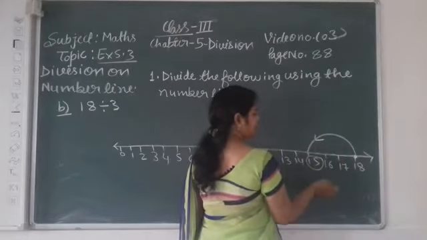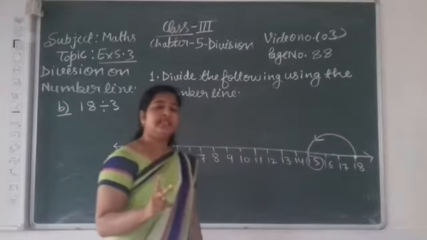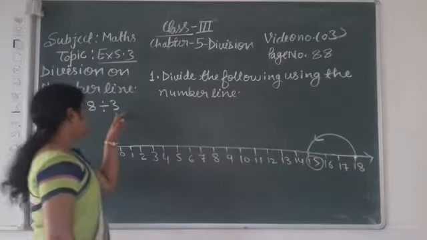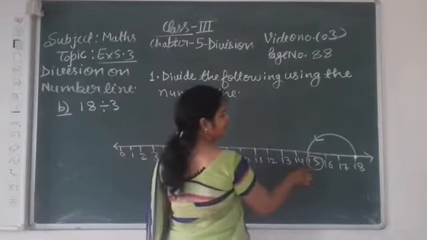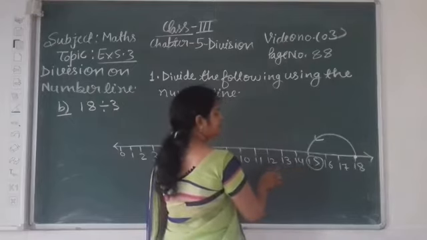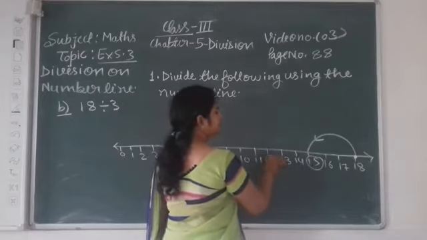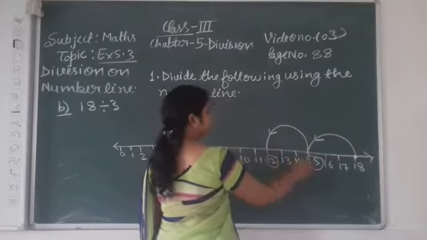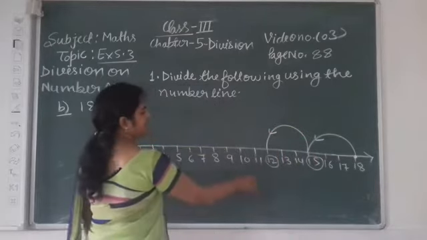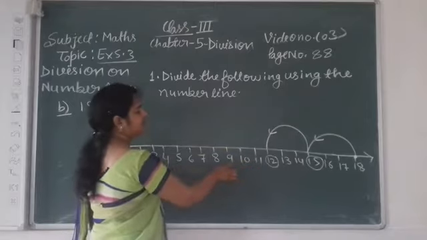Then again we will take steps of 3. After 15, 1, 2, 3. So this is 12. We will jump from 15 to 12. Then again 1, 2, 3.